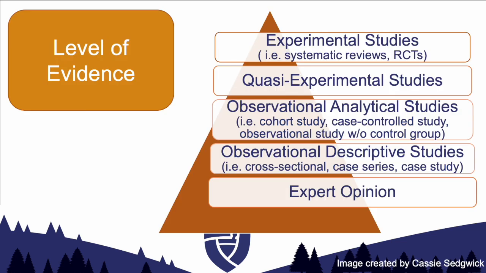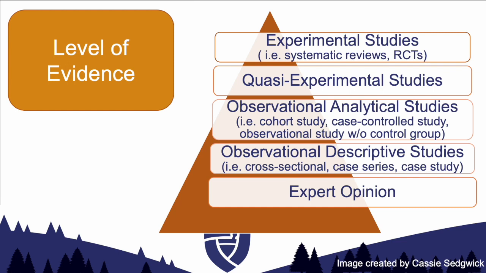When comparing level of evidence for quasi-experimental research to other types of research design, you can see that it actually falls quite high on the pyramid. Experimental studies such as systematic reviews, meta-analyses, and RCTs are at the top of the pyramid, but below that are quasi-experimental studies.